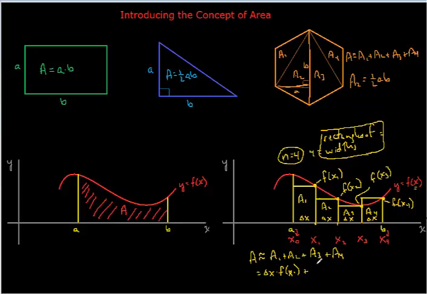The base of the rectangle with area 2 is delta x, times the height is f of x2, plus the base of the rectangle with area 3 is delta x again, times the height is f of x3. And then the final rectangle in this case is base is delta x, and the height is f of x4.